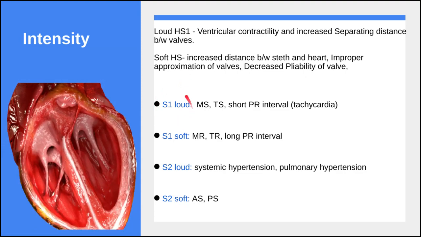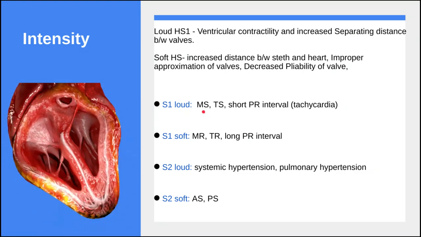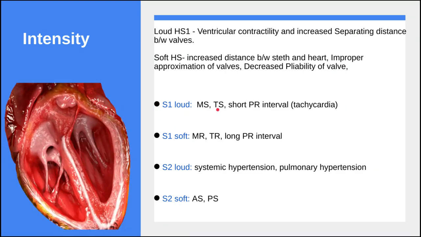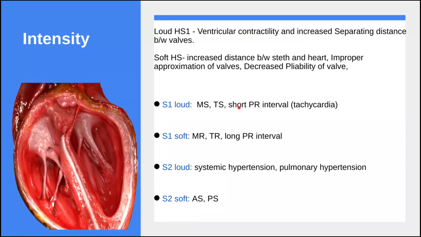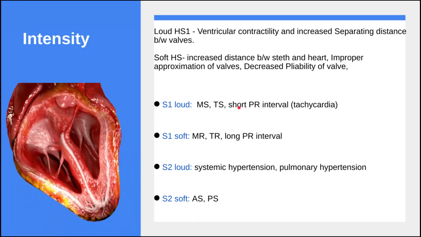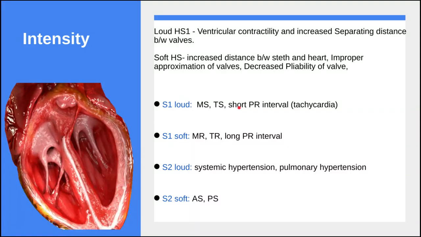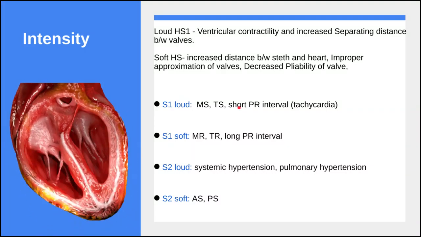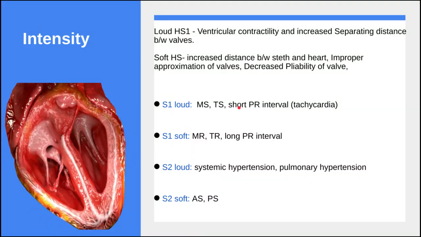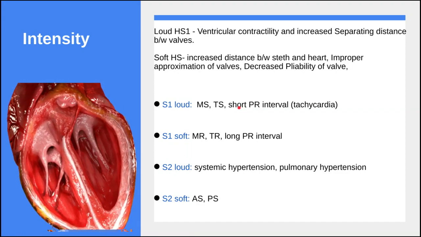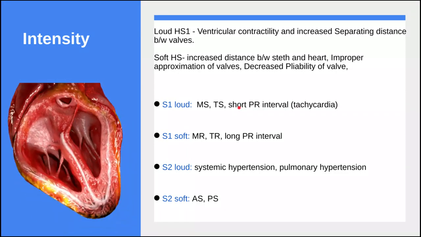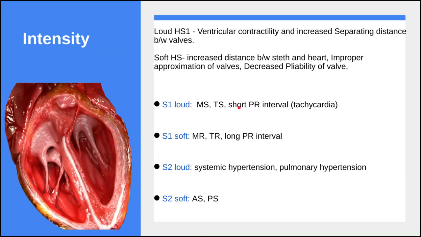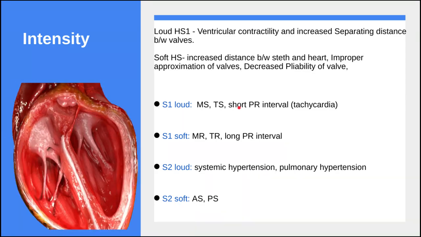Examples of loud S1 are mitral stenosis, tricuspid stenosis, and short PR interval. All these three conditions cause strong forceful atrial contraction, which leads to wide separation of the cusps of the mitral and tricuspid valves and results in a loud S1.